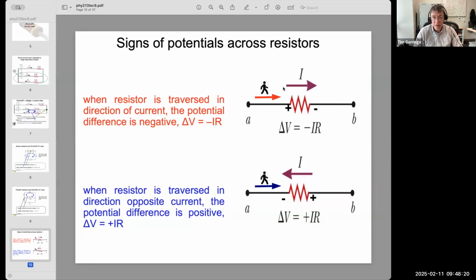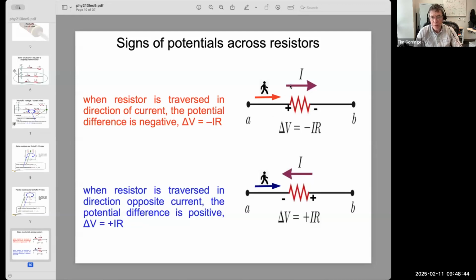The difference is, in the upper picture, I'm walking in the direction of the current. Both the current and I walk towards the right-hand side. In the lower picture, I'm walking opposite the direction of the current. So I'm walking towards the right, the current is flowing to the left.